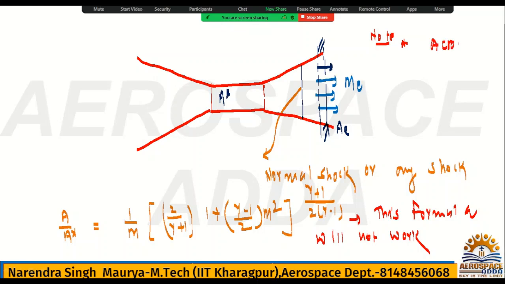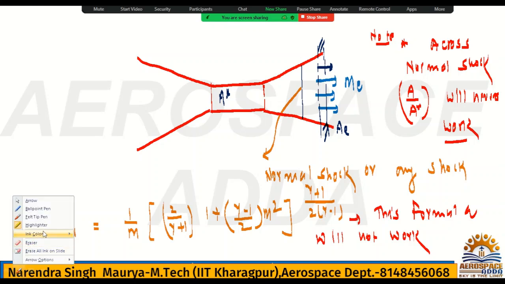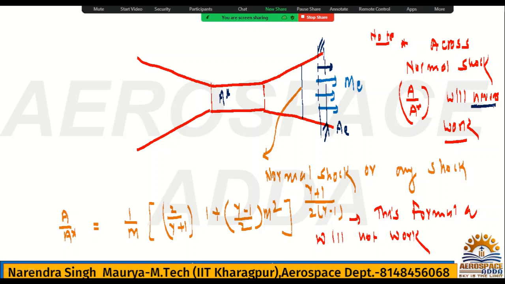Across a normal shock, the A by A star formula will never work. Always remember, that's the reason I have especially mentioned this is valid for isentropic flow.